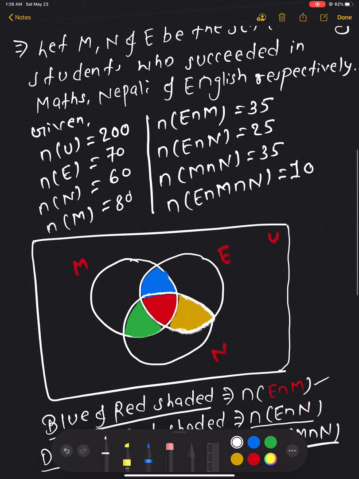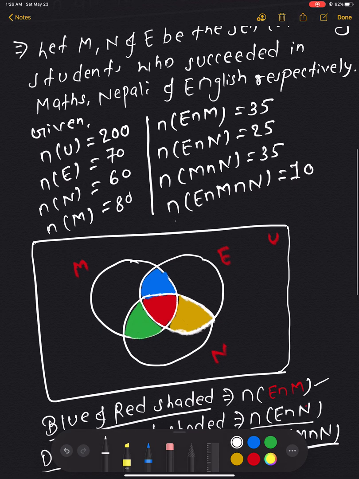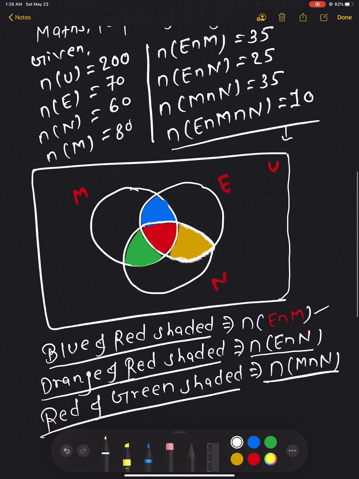So first of all, we see that intersection of all three sets, that is the red shaded part, is your 10. So first of all, plug this value in your Venn diagram. So the red part should be 10, so write it down over here.